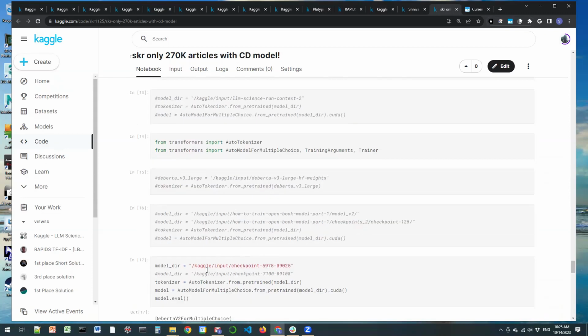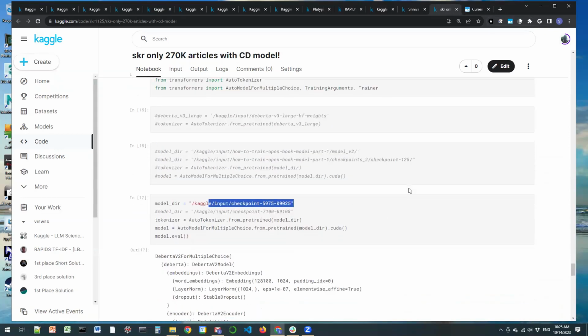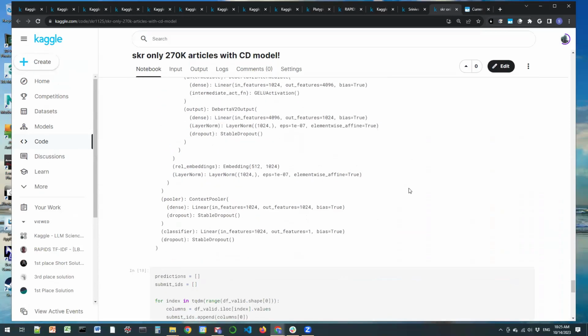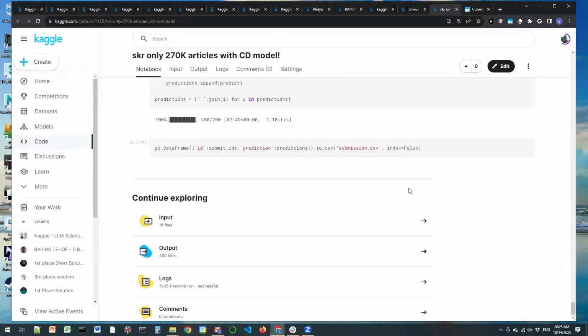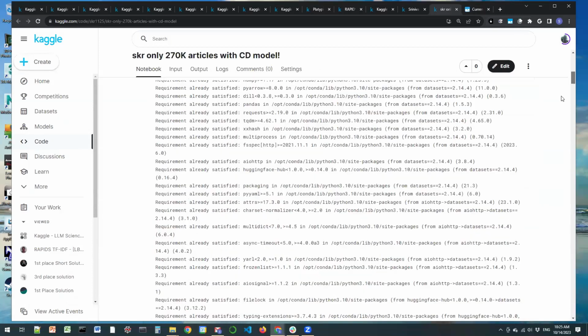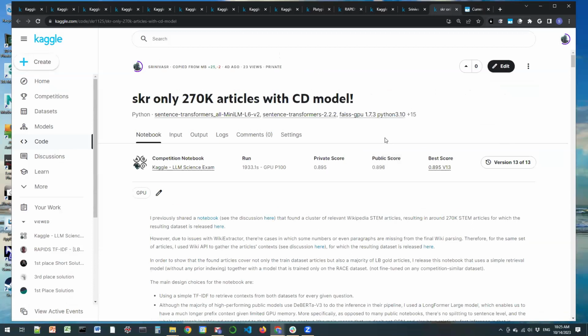And then finally, I just stick in this and voila, got it done. Pretty funny. Otherwise, there's nothing to it. Just simply using that model with the 270K context, just like you said.